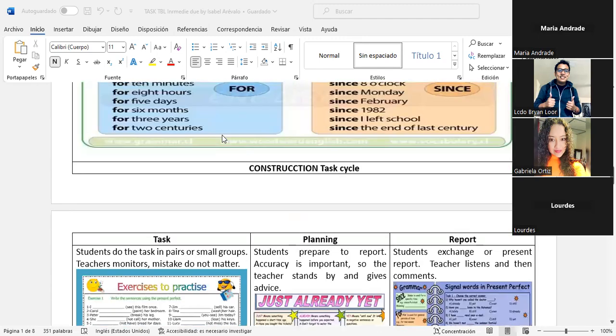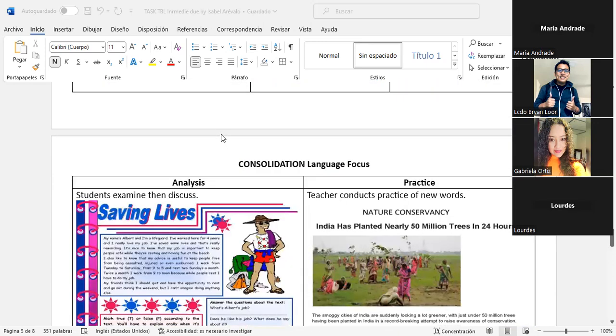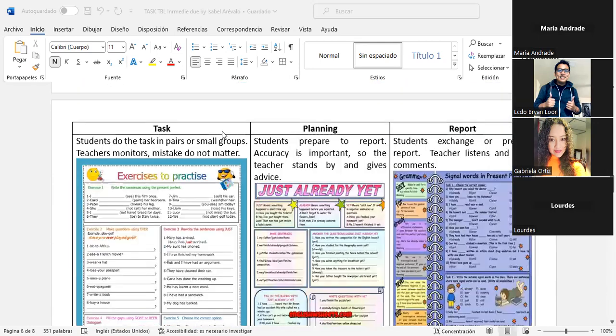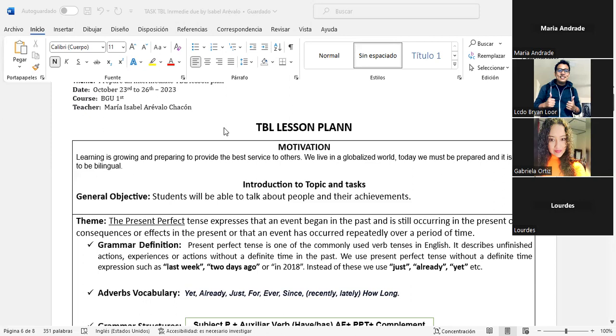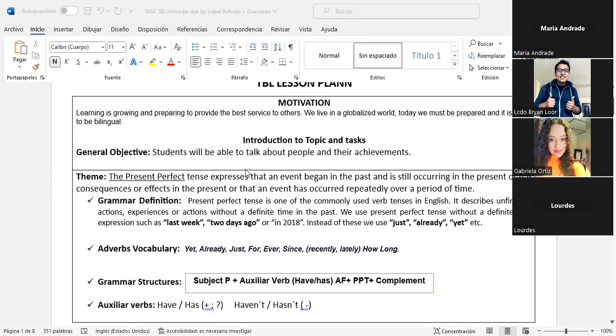Also, I give them different grammar charts with the timeline, and the adverbs of frequency that work with the present perfect. As you can see, I give them the adverbs of frequency and when they can use them. Also, I give them the grammar structure: the affirmative, negative, and question forms.